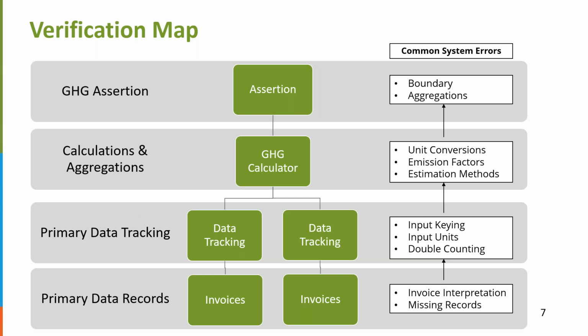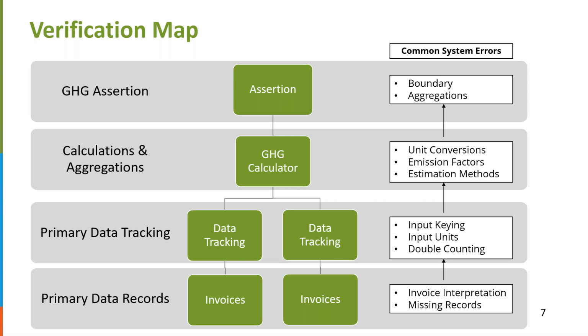On the screen, you see a very simple representation of an inventory system. Your inventory will be much, much more complex. As one example, primary data records, take for instance energy invoices, at the bottom of the pyramid are entered into a tracking system.